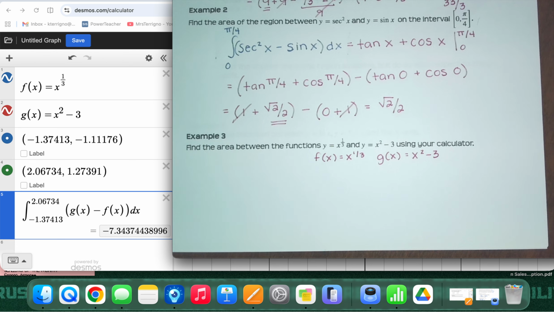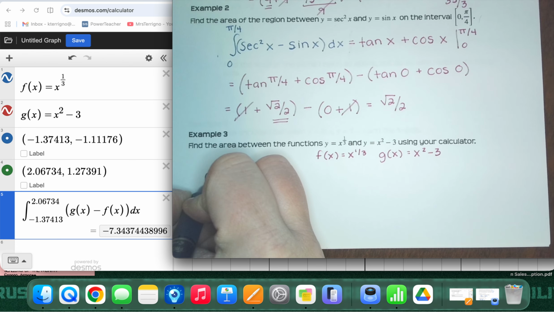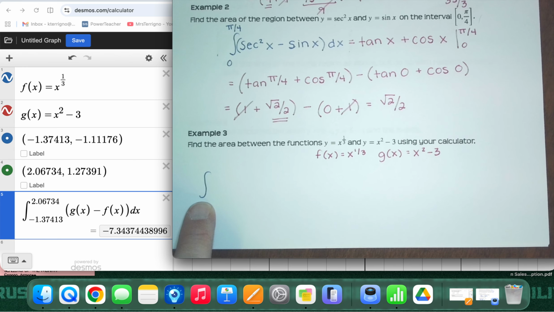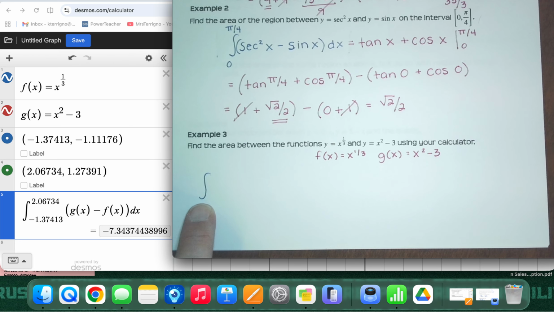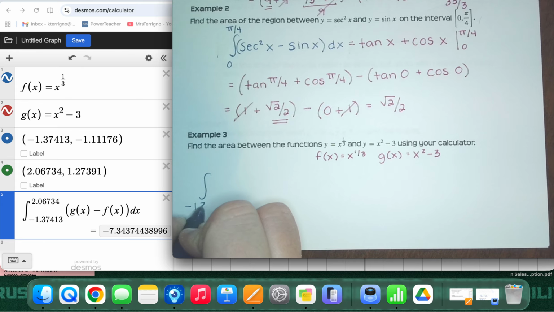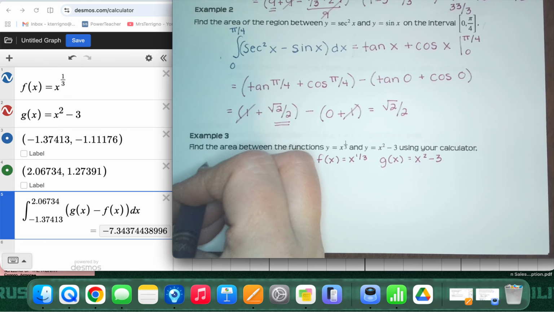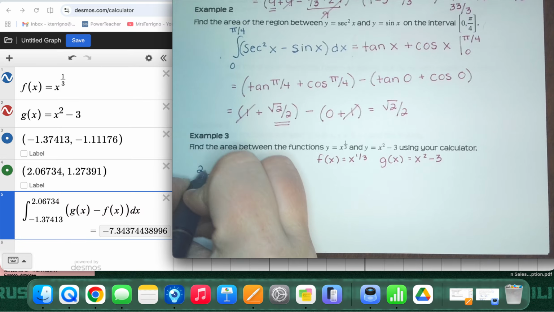I'm not going to rewrite the function at all. As far as showing my work goes, I would say what I'm doing is integrating. I want to make sure I show my endpoints really clearly. When I did the calculation, I used the entire decimal because that's the most accurate. When I write it down on my paper, I want to follow our 3 decimal point rule: negative 1.374 up to 2.067.